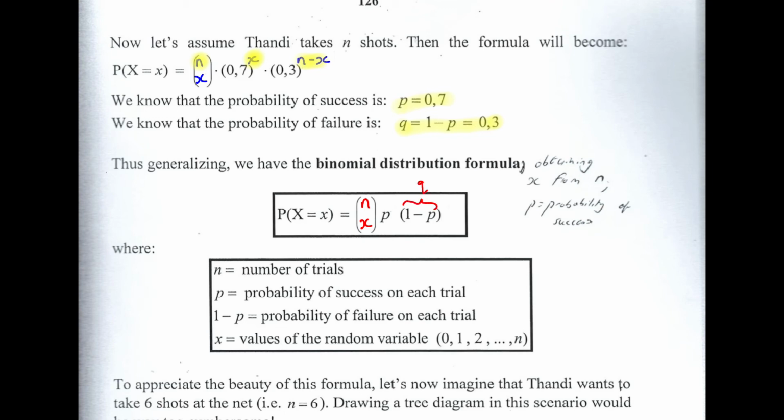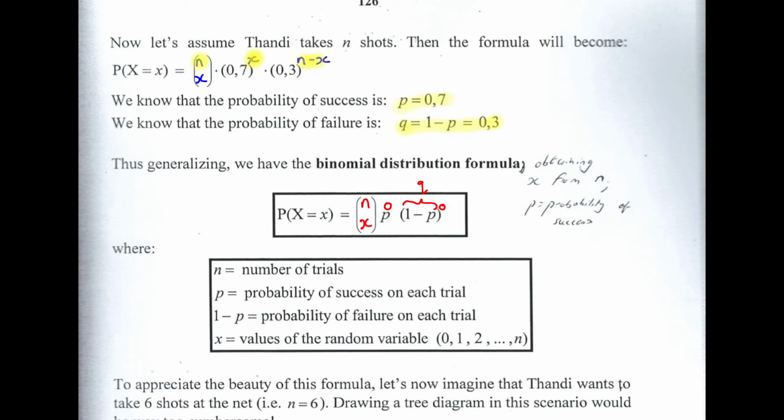All right, and so x, remember, represents the values of the random variables, so either 0, 1, 2, all the way up to n, because now we're not looking at her taking 3 shots. We can work out the probabilities of her taking any amount of shots. Okay, and then don't forget as well, what's not in the formula is that there will be an exponent here of whatever it is.